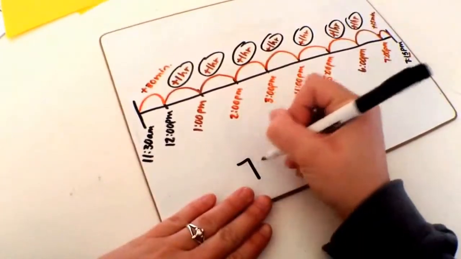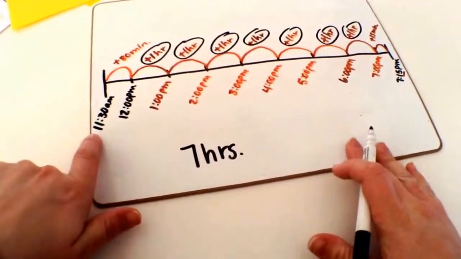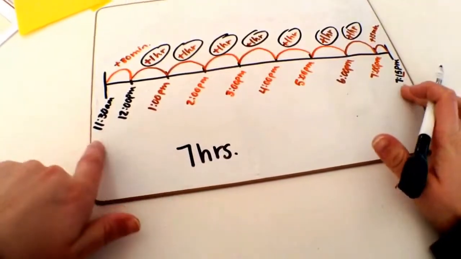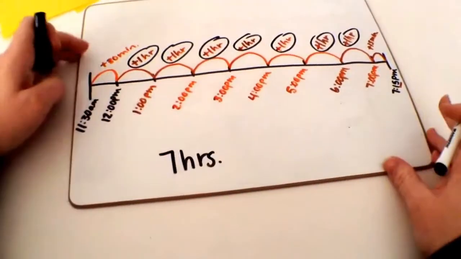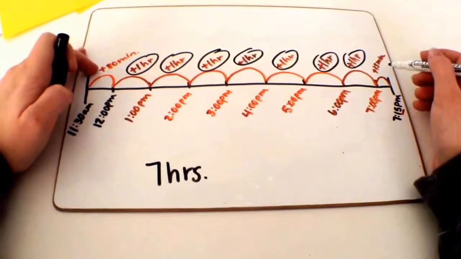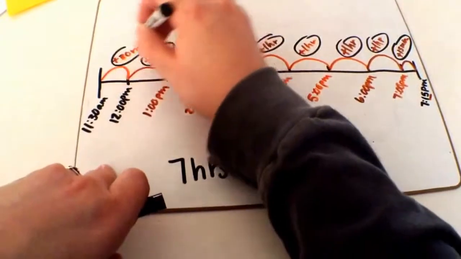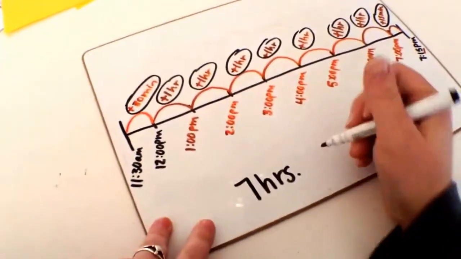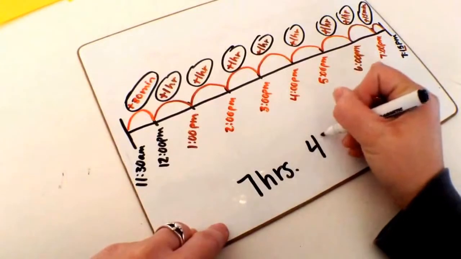So 7 hours has elapsed between 11:30 a.m. and 7:15 p.m. However, we still have these two sections on either end. One's 30 minutes and one's 15 that we have not accounted for. So let's circle those. That's 15 minutes and 30 minutes. If we do 30 plus 15, that equals 45 minutes.